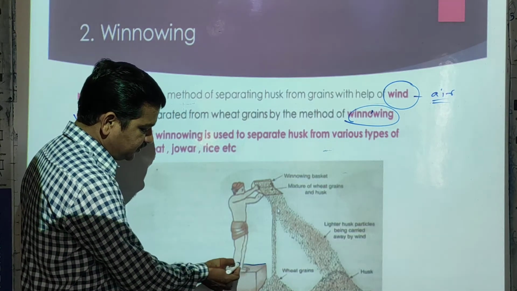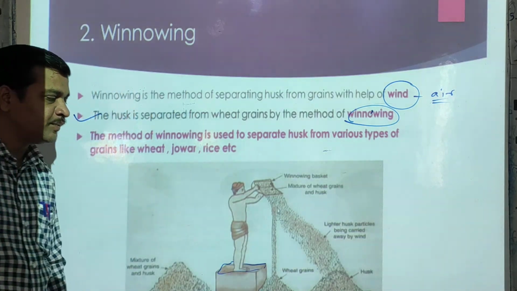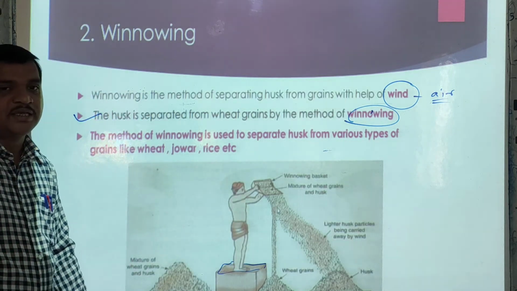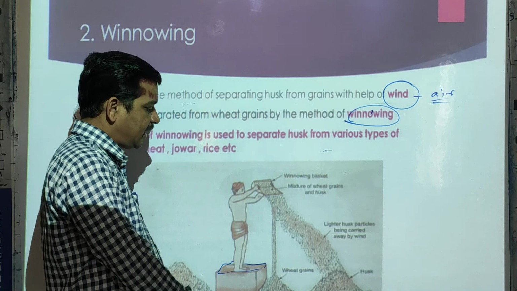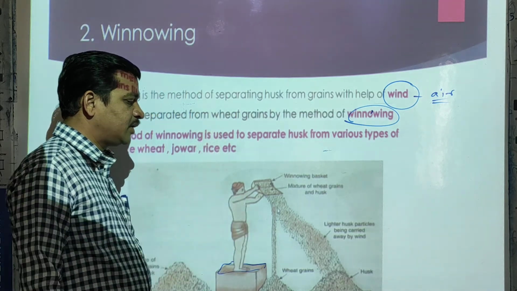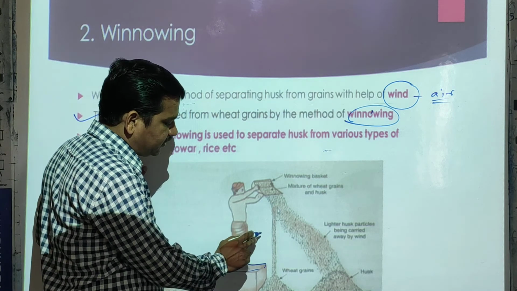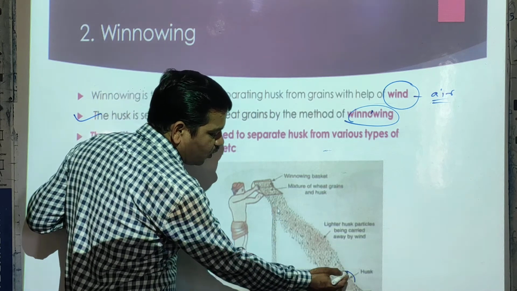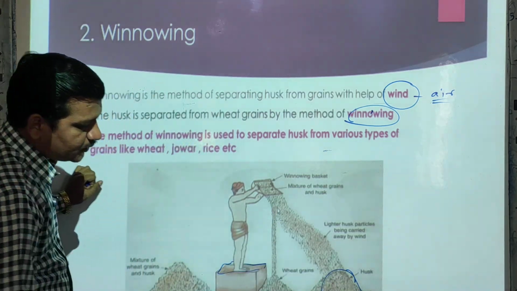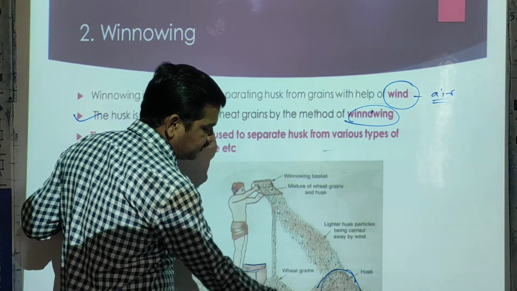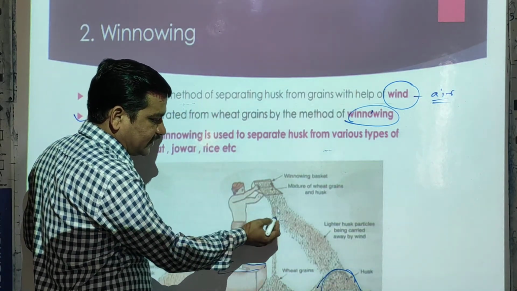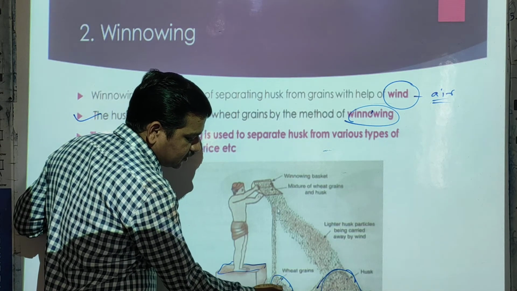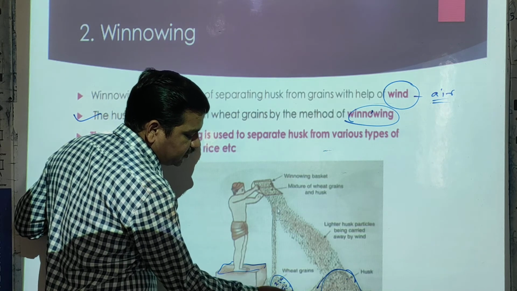As you can see, the person is standing on the table, and he uses the winnowing basket for keeping the mixture of husk and grains, and after some time, you see, due to the wind, the husk particles, which are lighter components, are separated out to one side and form a heap of husk particles, and the grains, which are heavier, settle or drop down at the bottom and form a heap.